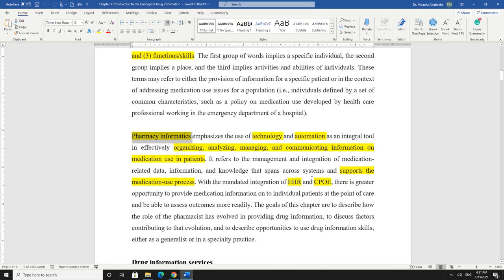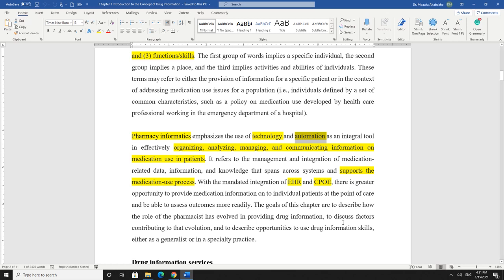Whenever we talk about pharmacy informatics, it should associate or integrate technology with automation. Technology means, for example, the laptop, computer, device, mobile, smart mobile phone, tablet. So this is one thing.